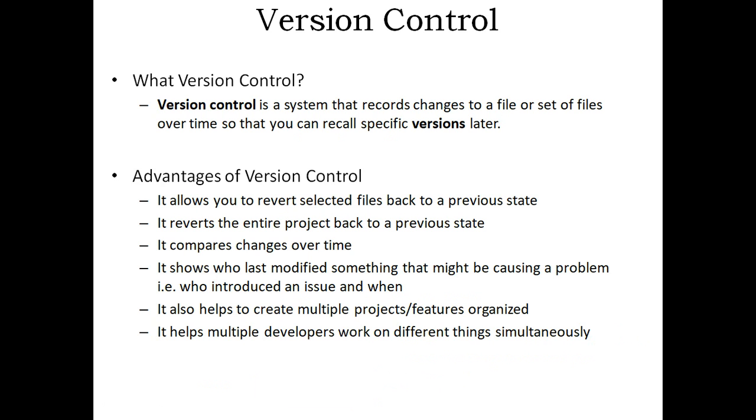Before we look at GitHub, we need to understand a little bit about version control. Version control is a system that records changes to a file or set of files over time so that you can recall specific versions later. Version control is nothing but a repository or a database wherein each version of the file will be stored.